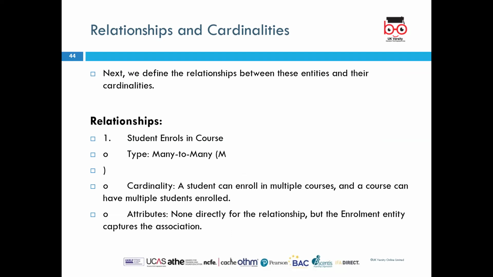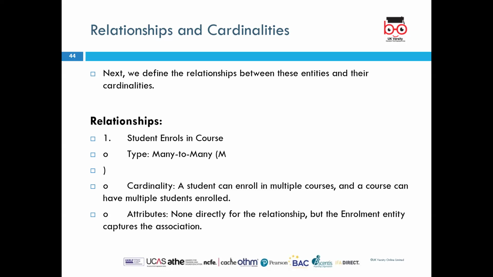So what is the relationship and cardinality here? We now know that we have a relationship between student enrolls in the course. We now know that the type is many to many.